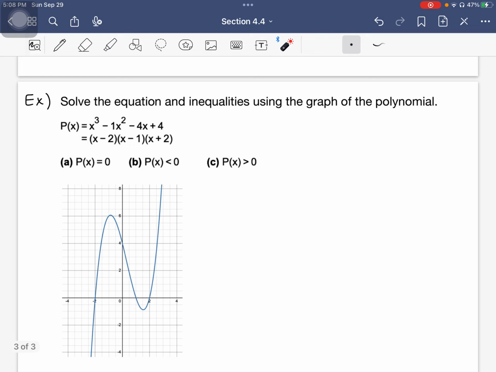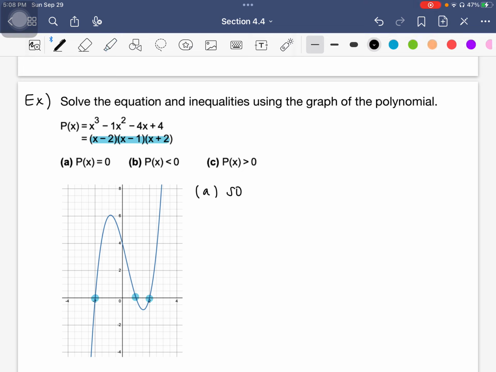We can see that we have zeros 2, 1, and minus 2. And we can see that's the case here as the graph intersects the x-axis at those points. For part A, what it's asking us is to determine when our polynomial equation is going to be equal to 0. Like I just said, that'll happen when our graph intersects the x-axis at these points here.